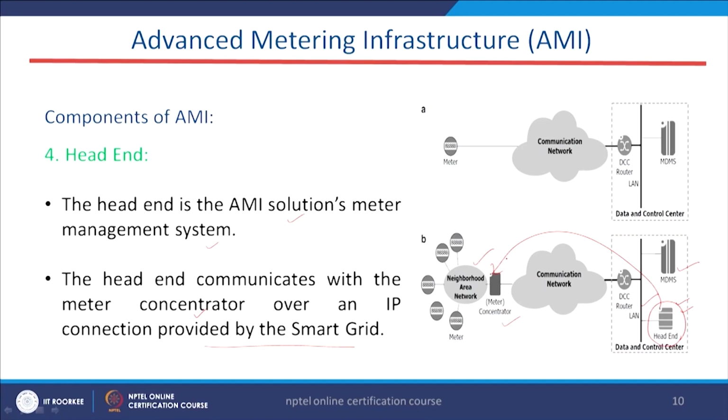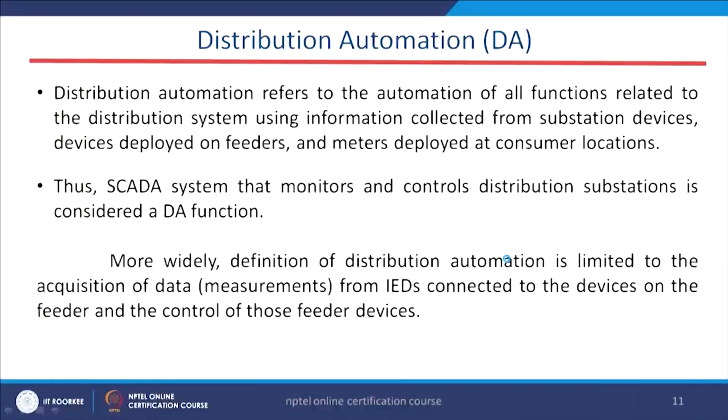Now, we will come to the second technology, where we will also talk about some components of the smart grid system, that is our distribution automation system. As all of you know, the name itself suggests it is basically an automation system.